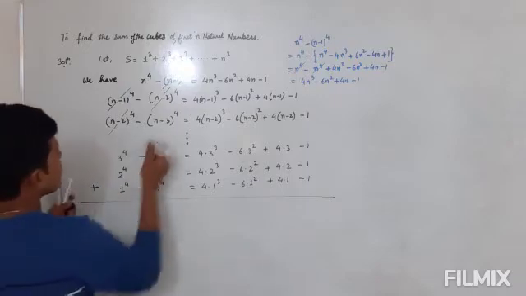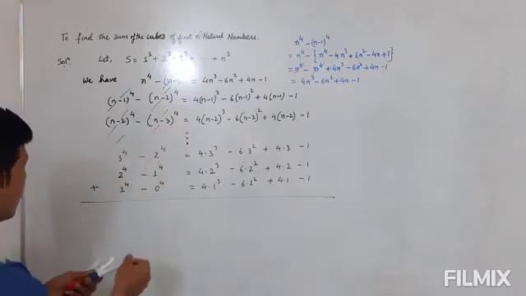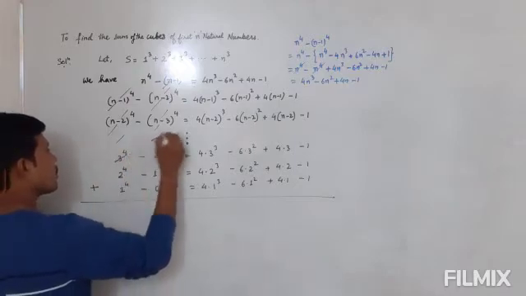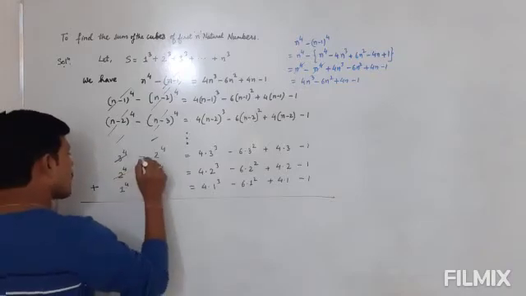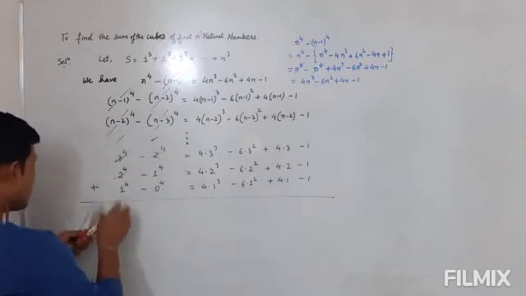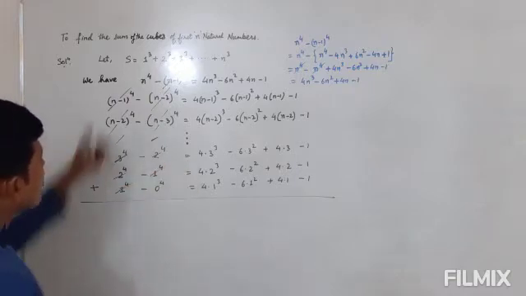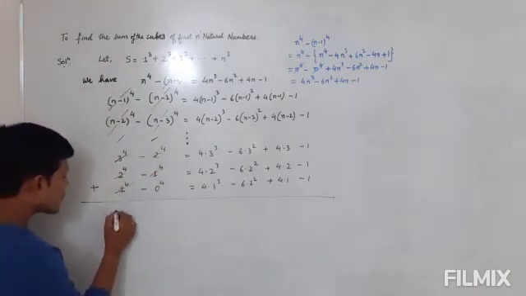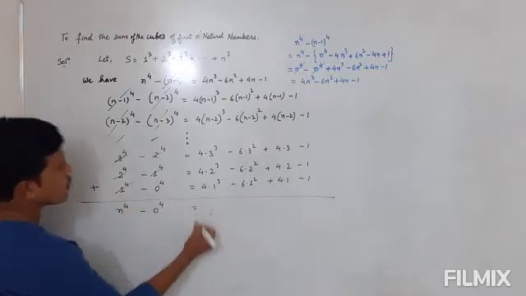Likewise, (n minus 3) to the power 4 will get cancelled. Now, over here 3 to the power 4 gets cancelled. Likewise, 2 to the power 4 gets cancelled. And 1 to the power 4 gets cancelled. Now what is left on the left hand side? It is n to the power 4 minus 0 to the power 4.